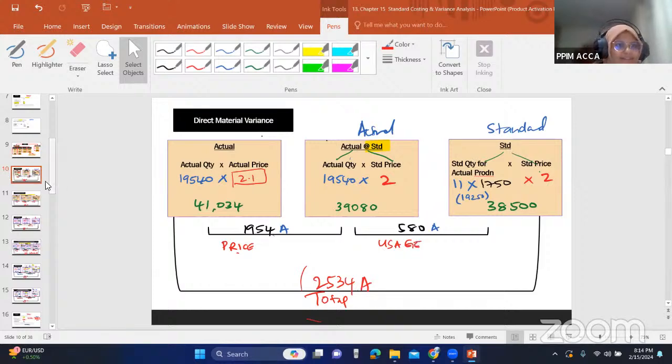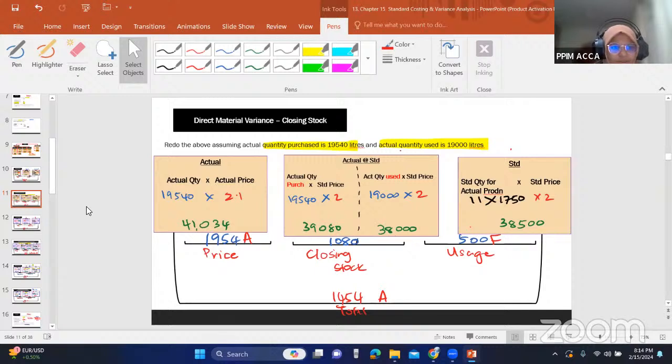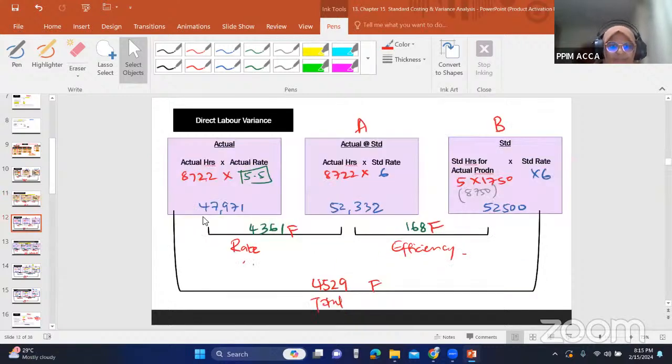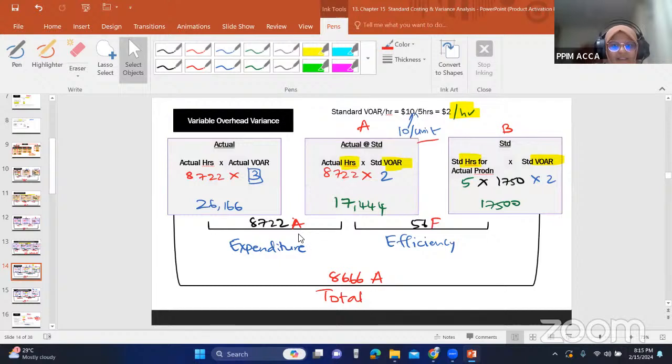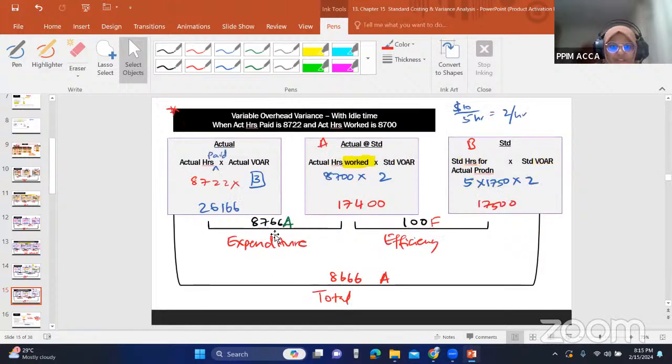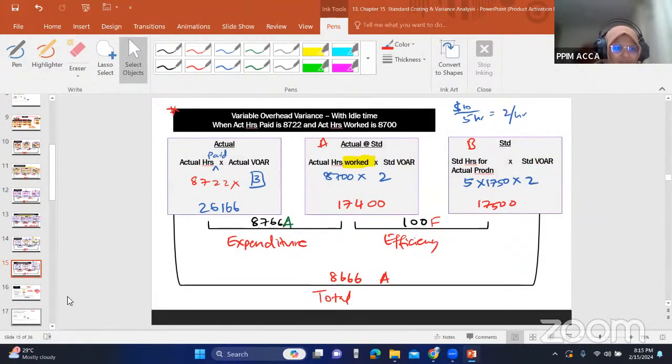Then direct labor, this is without closing stock and without idle time. Here, rate was 4,361, 168, both are favorable. The total is also favorable. Here, expenditure was adverse, efficiency was favorable, total was adverse. Fixed overheads also, this is with idle time, sorry.